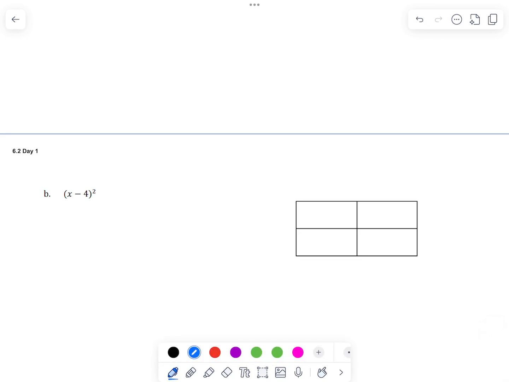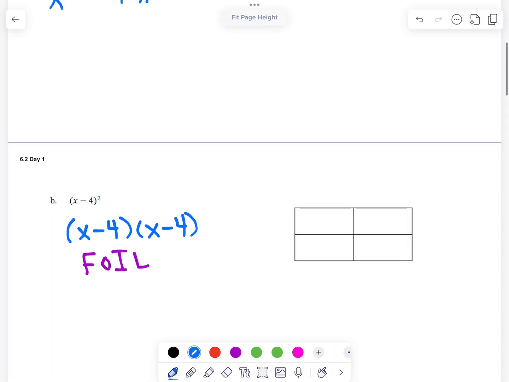Example B. Notice that there is a binomial squared. So this really represents x minus 4 times x minus 4. So you can do the FOIL method if you prefer. I'm going to go ahead and just do the box method. So I put x minus 4 outside the boxes. Now we multiply.